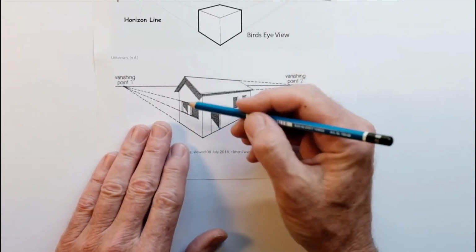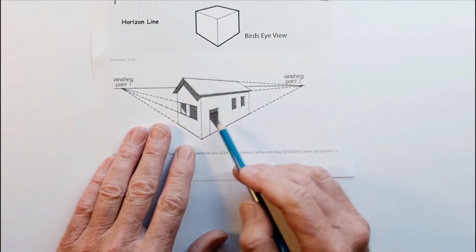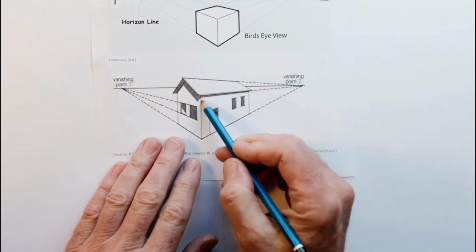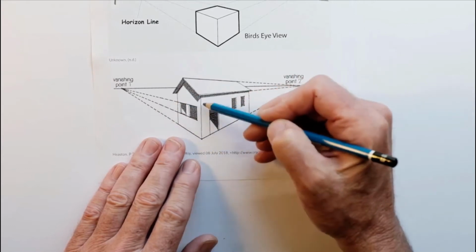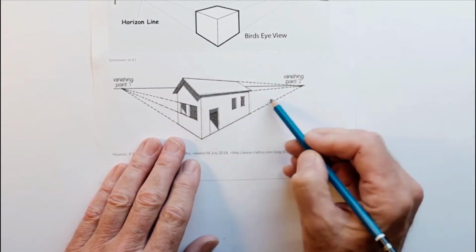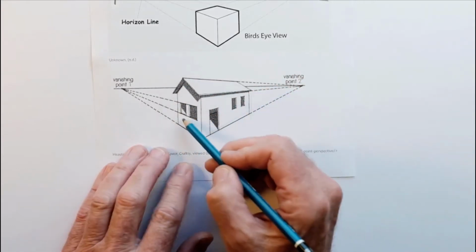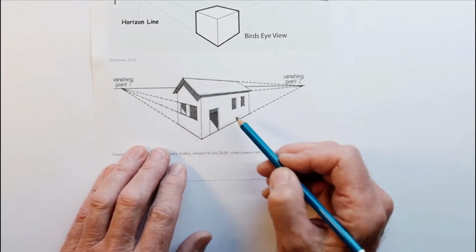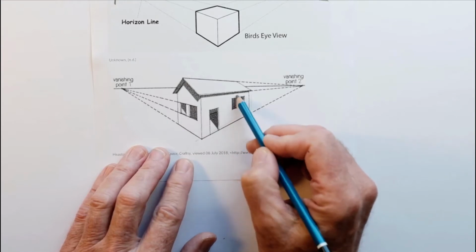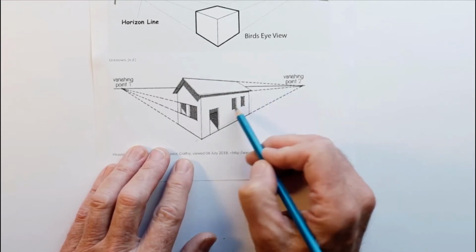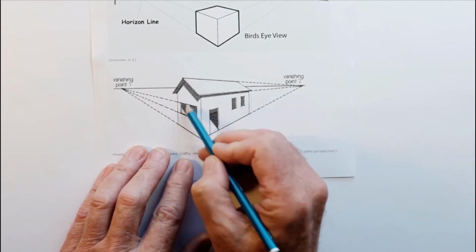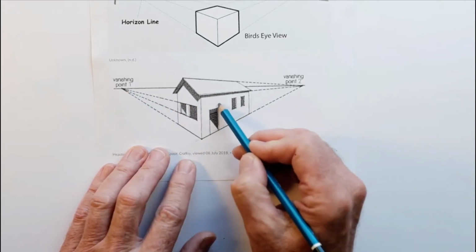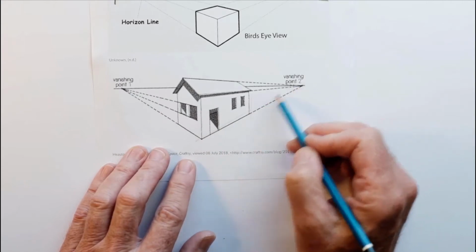For example, here's a box, plus it's got some other shapes for the roof, okay? But it's really just a box, isn't it? Vertical, vanishing point 2, vanishing point 1. Okay, and then some more boxes. Vertical, vanishing point 2, vertical, vanishing point 1, vertical, vanishing point 2.